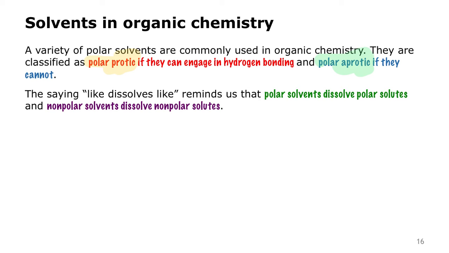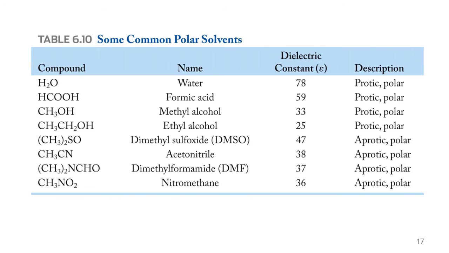And there's a relatively simple difference between the two, and that difference is their ability to hydrogen bond. Protic solvents can hydrogen bond because they contain a positively polarized proton. Aprotic solvents do not hydrogen bond in that way.